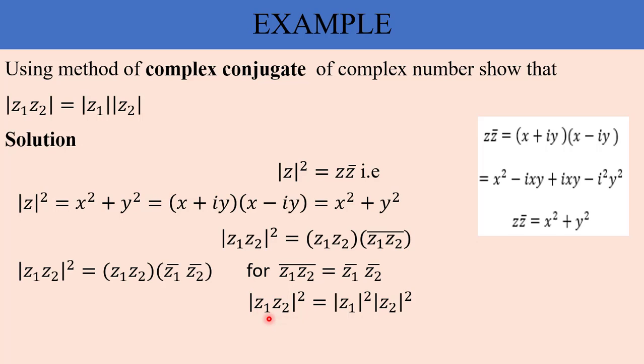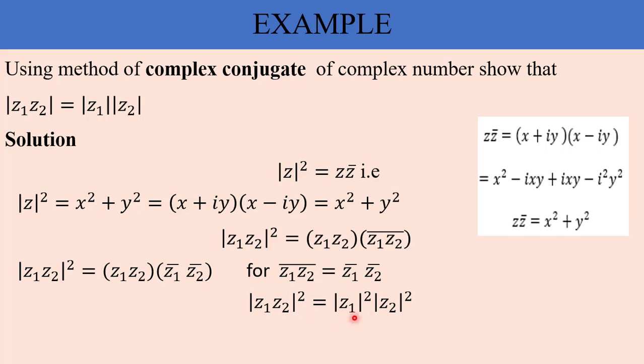The next step will be, remember we said that z1 times its complex conjugate is the same as the magnitude of z1 squared. Then z2 times its complex conjugate is the same as the magnitude of z2 squared. So this implies that the absolute value of z1 z2 squared is equal to the absolute value of z1 squared times the absolute value of z2 squared.